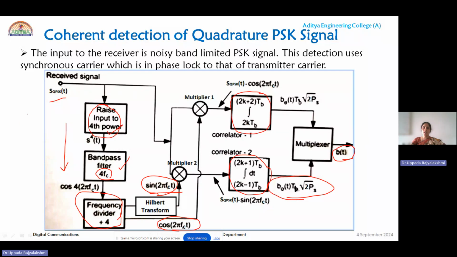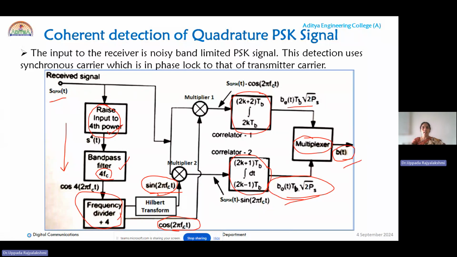In the transmitter section, we have used a demultiplexer to split B of t into even and odd sequences. And at the receiver, you are using a multiplexer that will merge the two sequences, the even sequence and odd sequence, to reconstruct the demodulated signal.